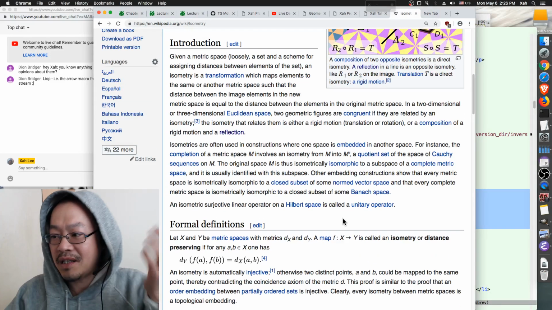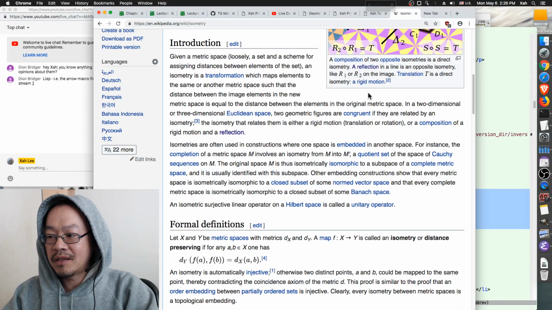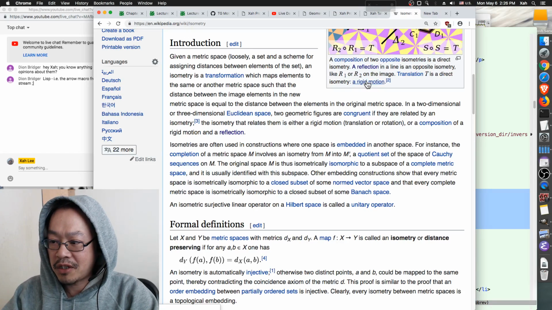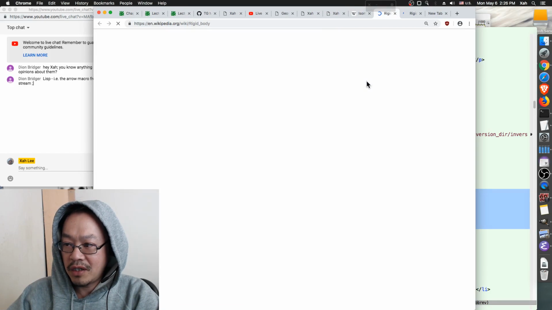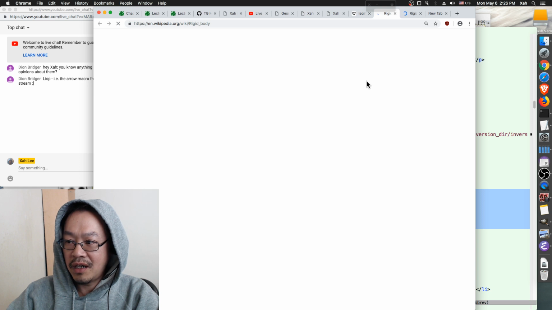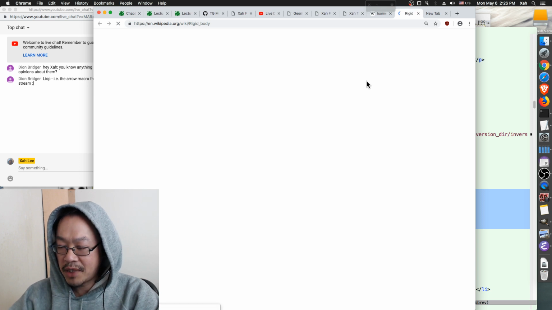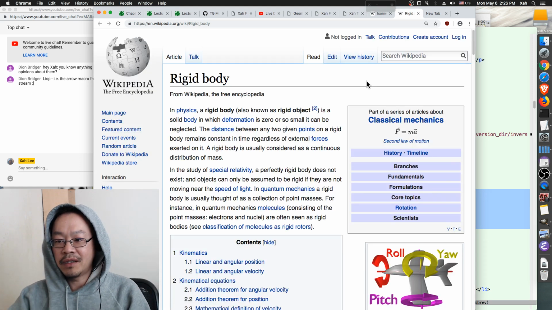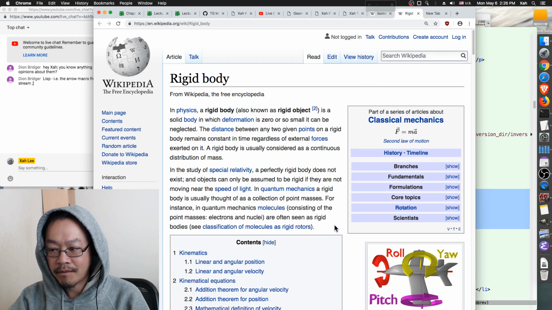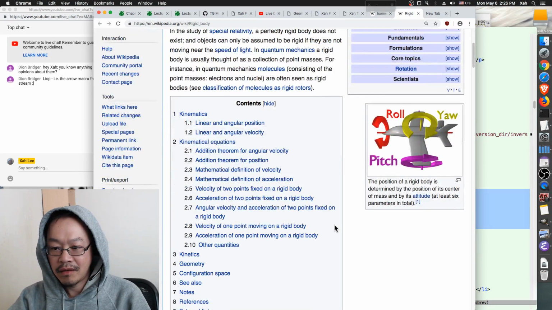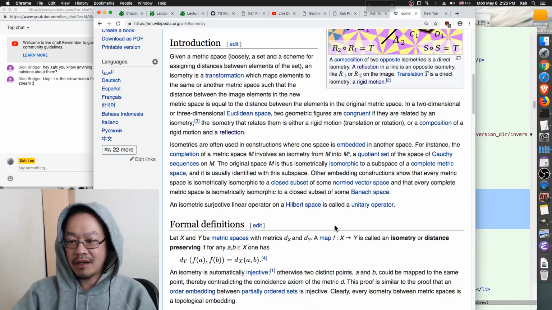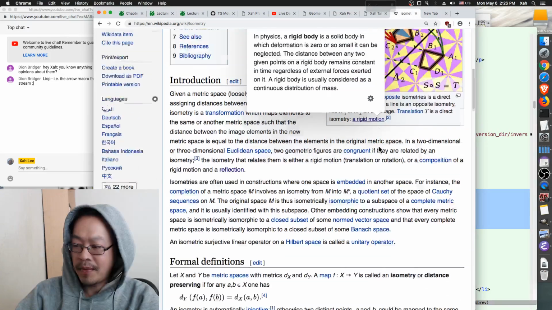Somewhere it should mention rigid motion. Rigid motion is another word for isometry in the Euclidean plane. Anyway, let's not go into that. It gets complex.